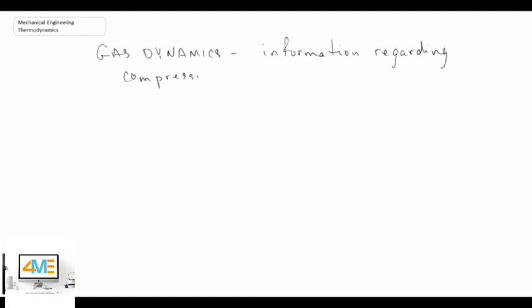Another course that you may want is gas dynamics. Depending upon the nature of the flow that you have with the superheated steam, and this is what we refer to as being compressible flow.